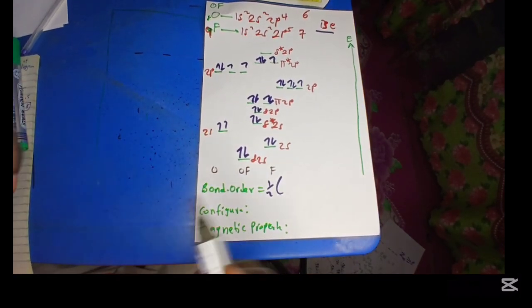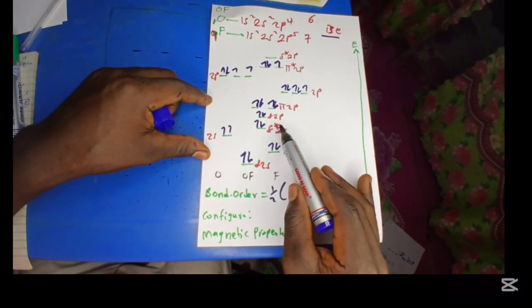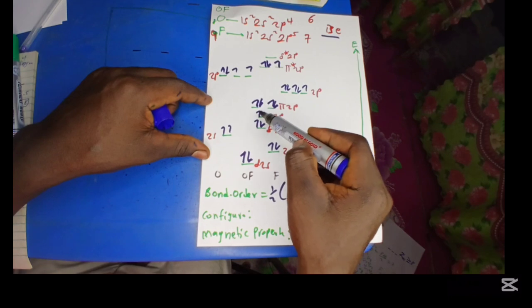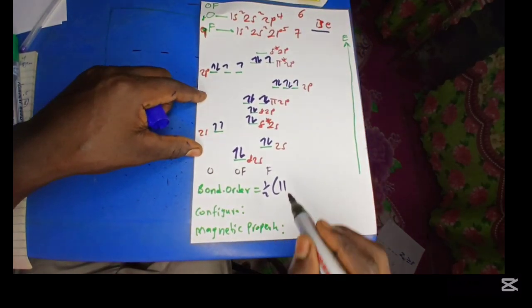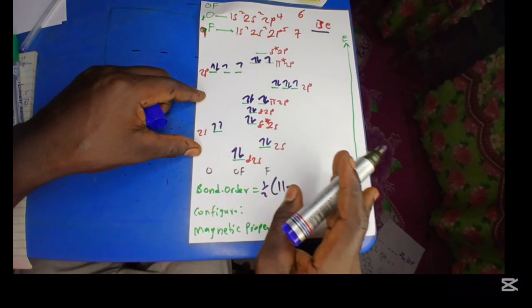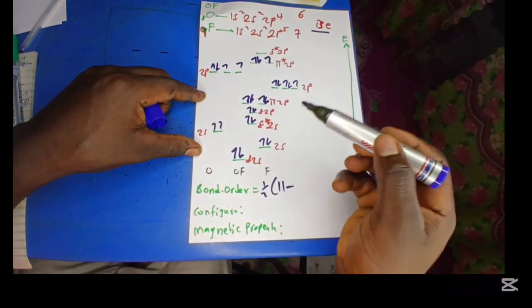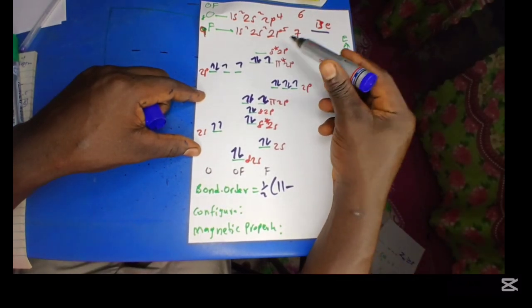So how many bonding electrons do we have here? 1, 2, this one contains an asterisk, so those are the anti-bonding. So 1, 2, we jump this, 3, 4, 5, 6, 7, 8, 9, 10, 11. Sorry, I should be including this because we are talking about bonding electrons minus anti-bonding electrons, and these contain an asterisk, so they are not supposed to be included.